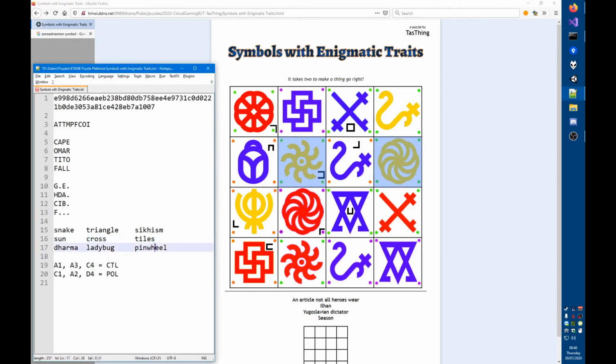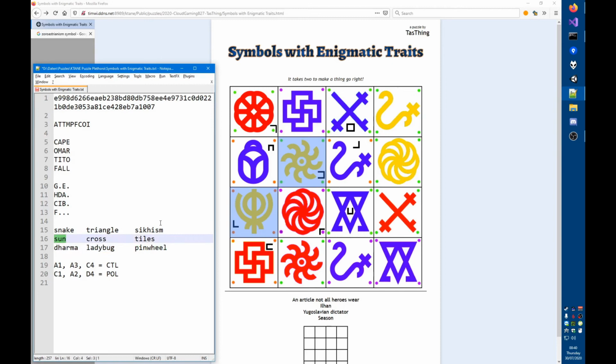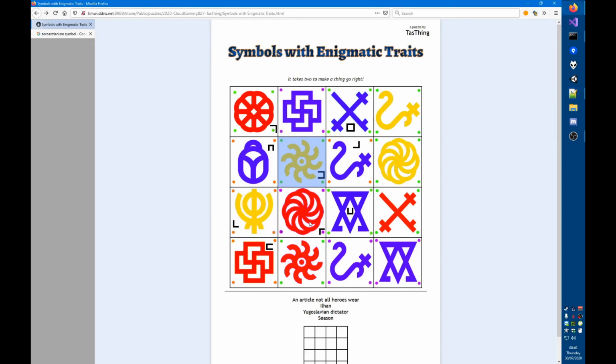Sun and pinwheel, triangle, not available in yellow. Sun and Sikhism, Ladybug, nope. Right, so I can already tell that none of these will work because of the colors of the dots, so I can skip that.